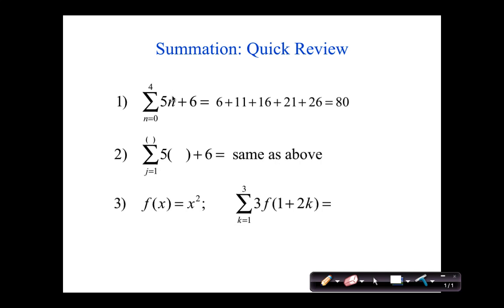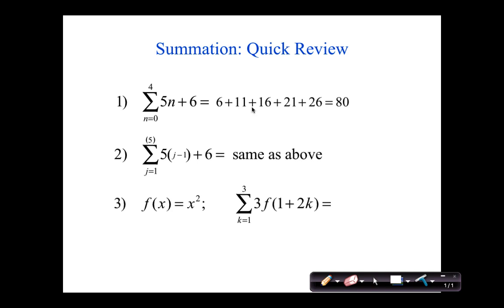So the letter of choice doesn't really matter, J or N or K. But you can write sums a variety of different ways and have them be equivalent. If I do 1 through 5 and then put in J minus 1 here, this would come out exactly the same as that, the same 5 things added together. And so the sum is still 80.